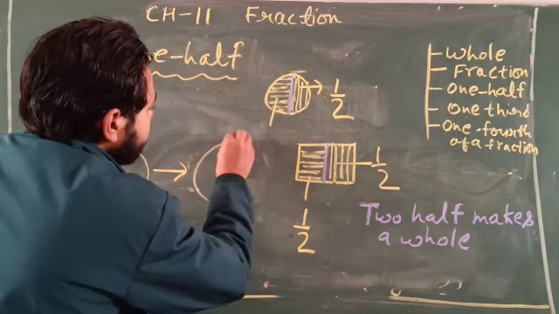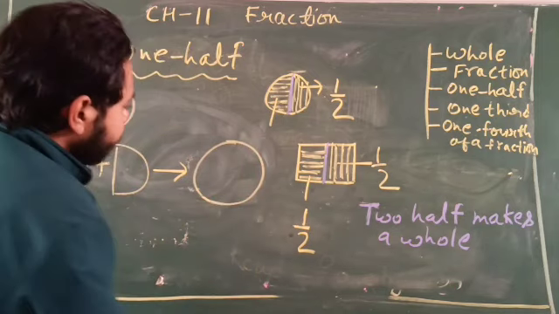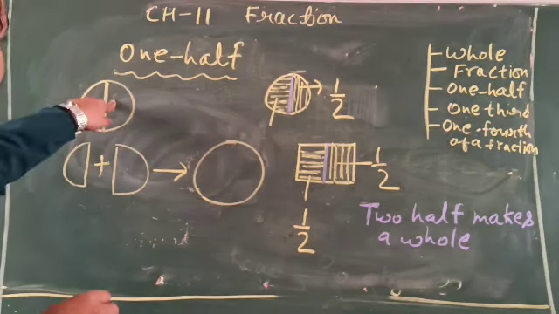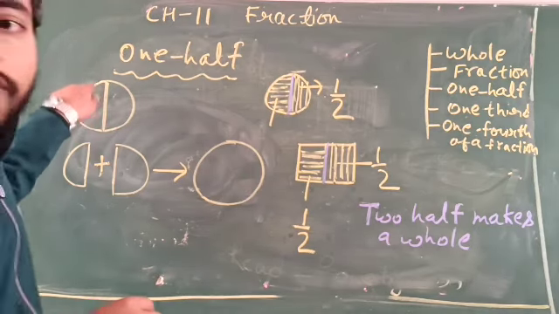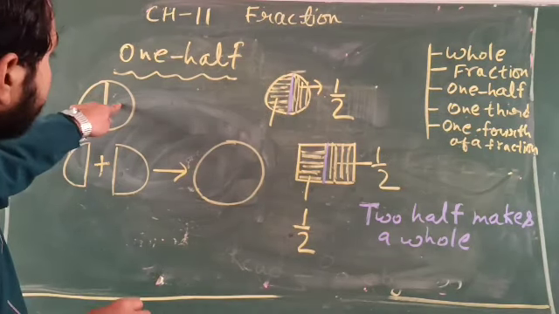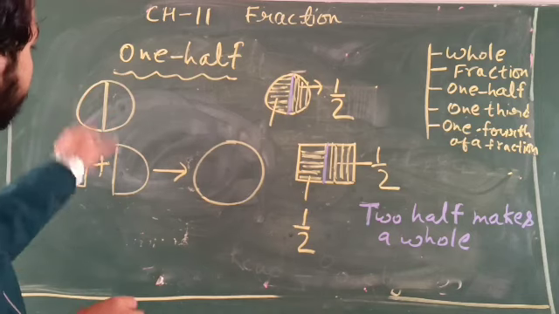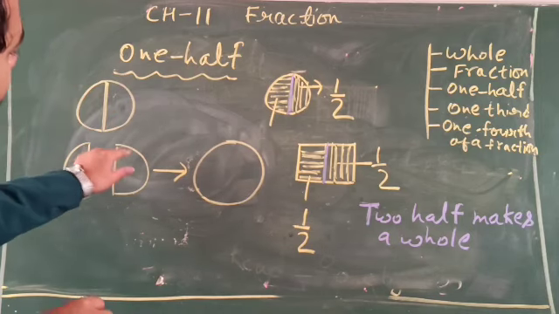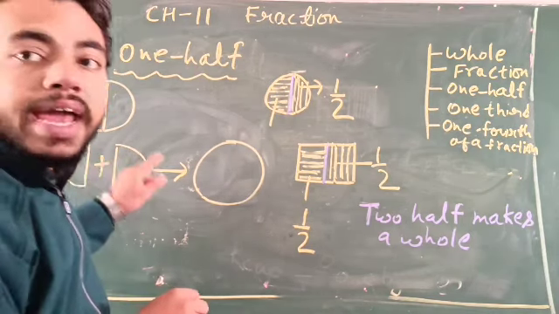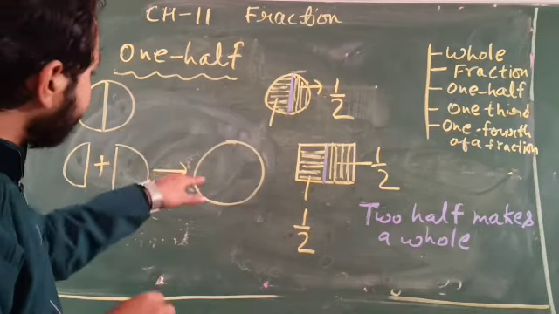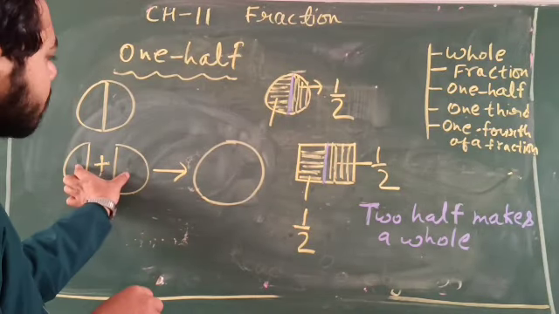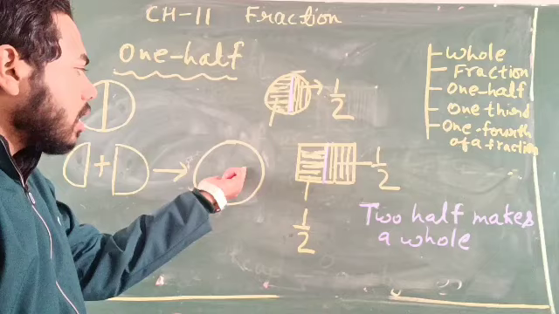When we divided it into 2 parts, here the first part and here the second part, and when we add them, we get our original circle.